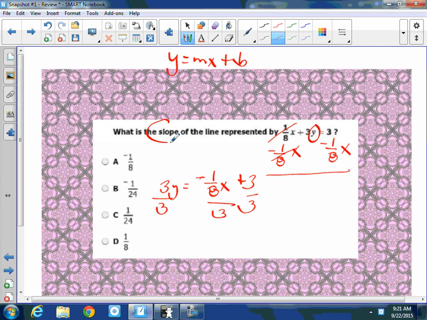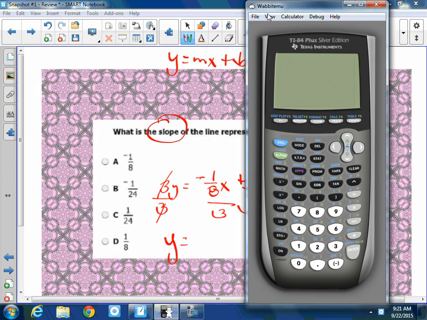I'm looking for the slope. And then you grab your calculator and you do this, okay? I'm going to say negative 1 divided by 8. Remember, fractions are always in parentheses.